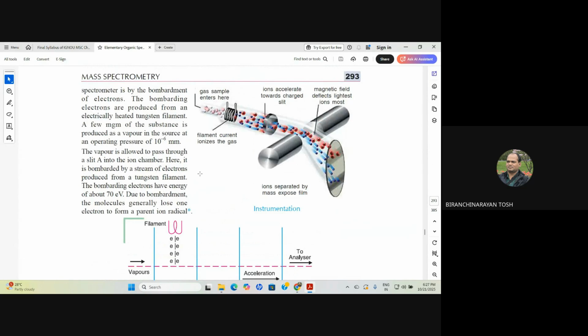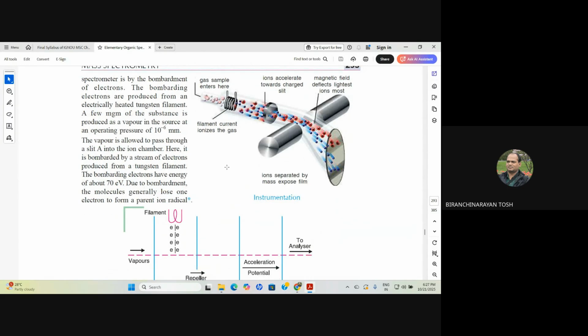The bombarding electrons are produced from an electrically heated tungsten filament. A few milligrams of substance is produced as a vapor in the source at an operating pressure of 10 to the power minus 6 millimeter of mercury.